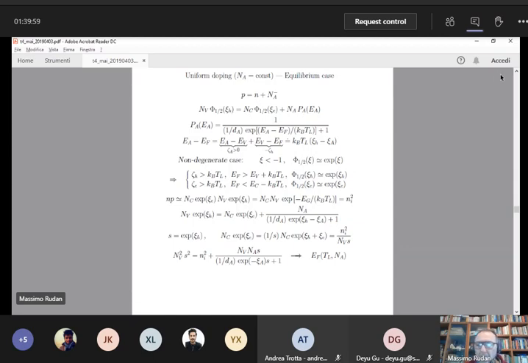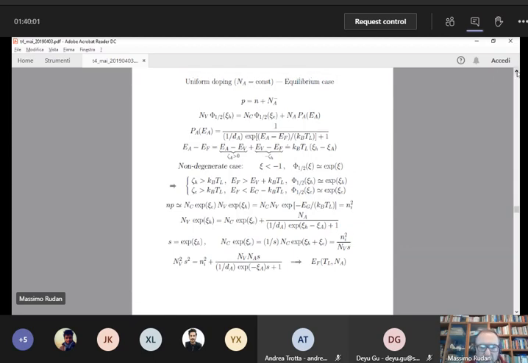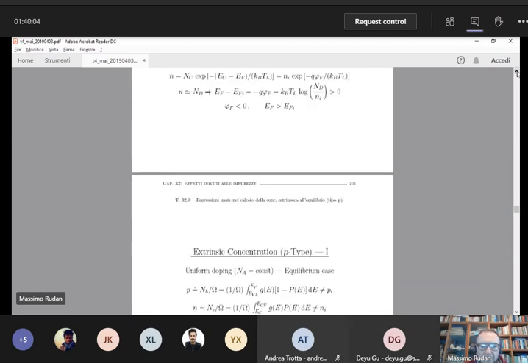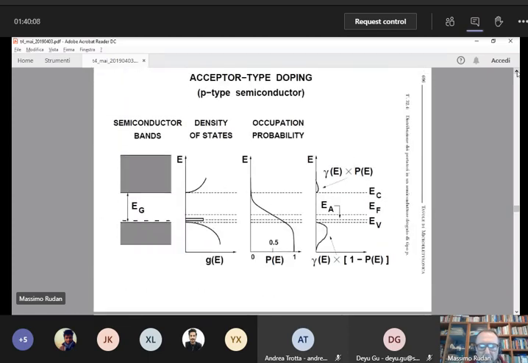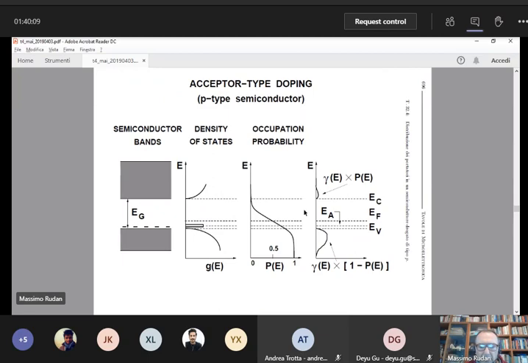If we look in the figure, for the acceptors, you see that the distance between EF and EC is easily found to be larger in this case than kT.